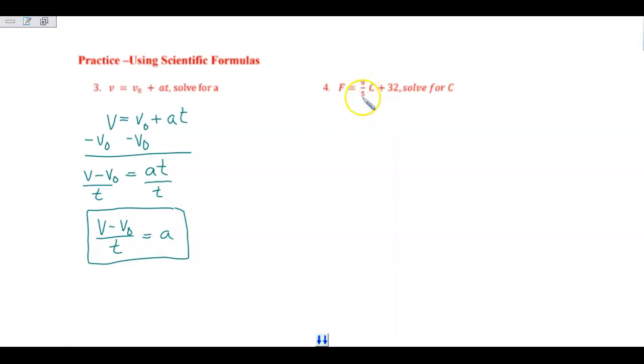Sometimes you have a fraction. So when we look at number 4, we've got Fahrenheit equals 9/5 Celsius plus 32. And they want us to solve for the Celsius itself. We can do the exact same thing, just to move it across. So we're going to take and rewrite it.